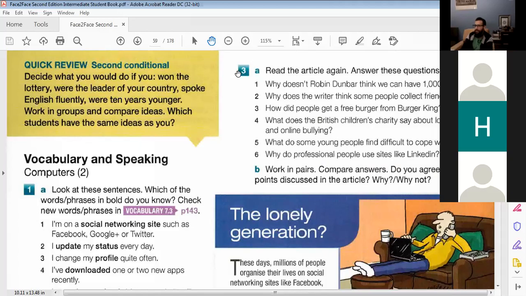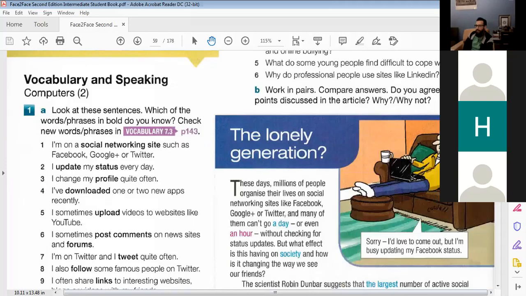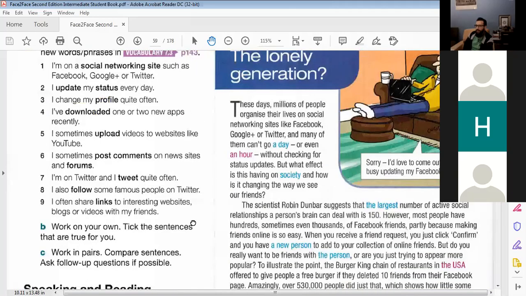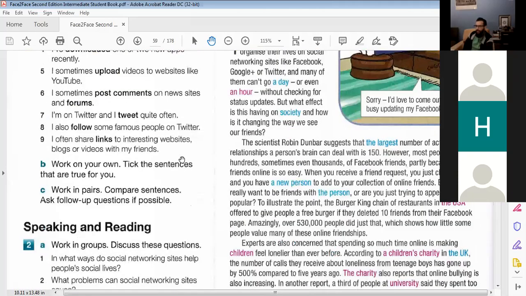It's a bit worrying. Okay, so the first question says here, why doesn't Robin Dunbar think we can have 1,000 friends? What's the reason? Why can't we have 1,000 friends? Because maybe in real life we can't have 1,000 friends.